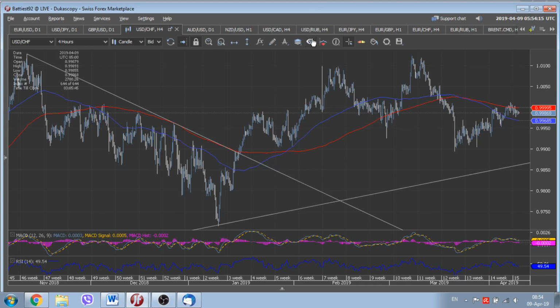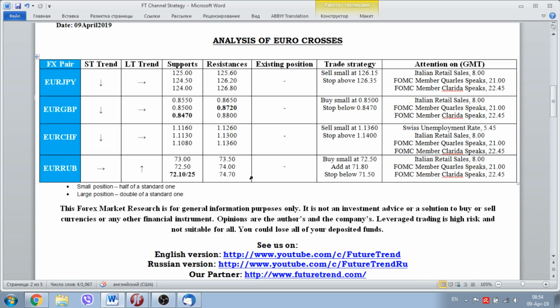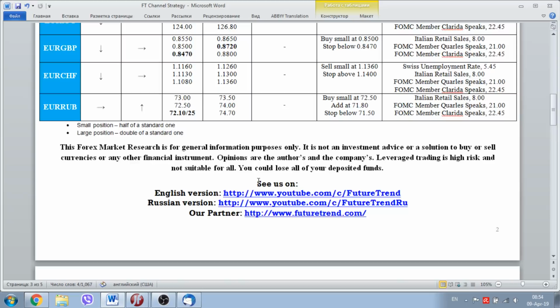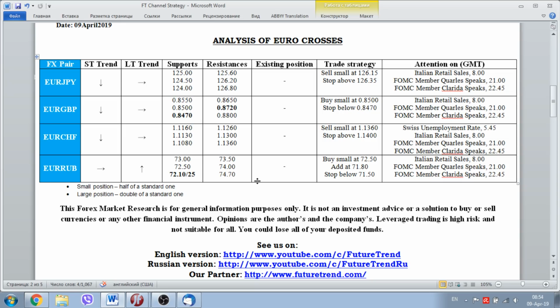Finally, a few words about some other crosses, euro crosses. At the moment we don't have any positions. Probably it's time to wait for the European Central Bank interest rate meeting. Commodity block of currencies, we are absent today from this type of currency. Let's see anyway.